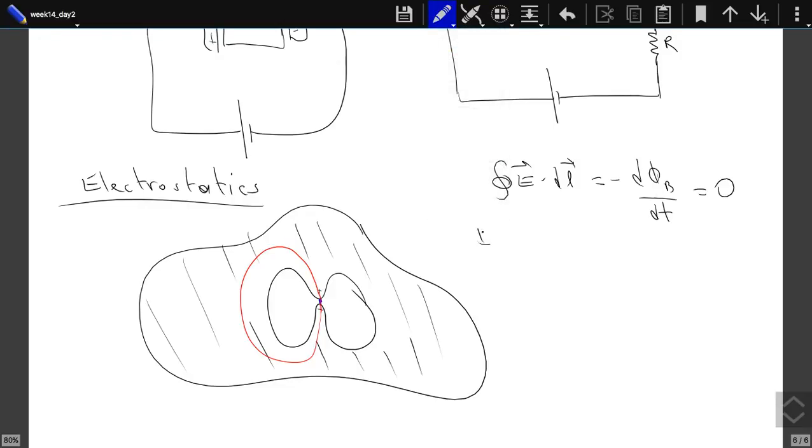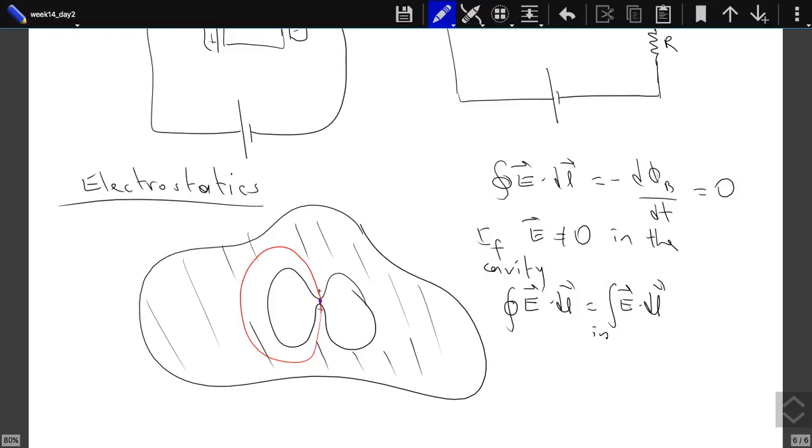So basically, if E is not equal to 0 in the cavity, the closed-loop integral of E dot dl will be equal to the integral of E dot dl in the cavity plus the integral of E dot dl in the conductor.